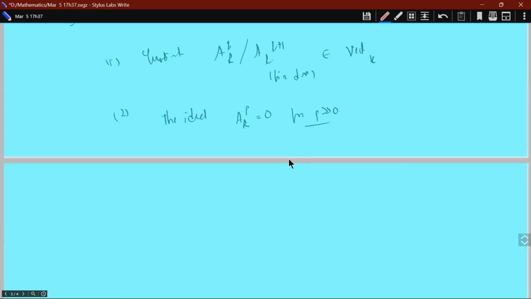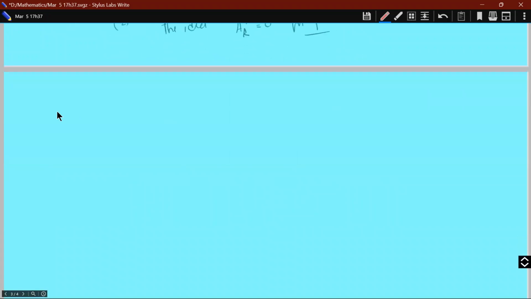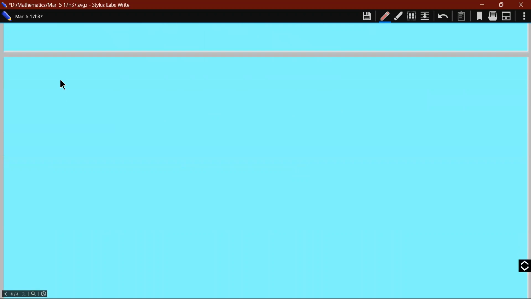So now we are in a position to define deformations. Maybe I haven't said this before, but Lubin-Tate theory you can trace back to number theory actually.